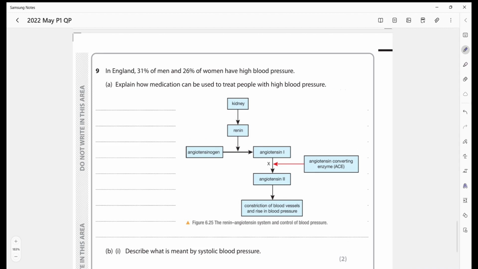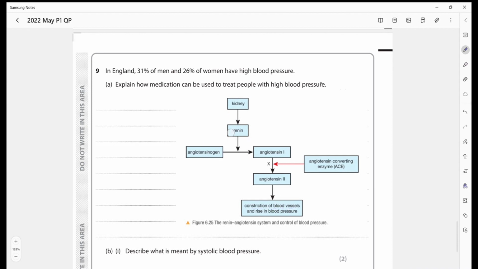So when your kidneys detect low blood pressure, it actually secretes an enzyme called renin into the blood. And that causes this protein angiotensinogen to get converted to angiotensin. And then ultimately angiotensin would cause the constriction of the blood vessels and a rise in blood pressure.